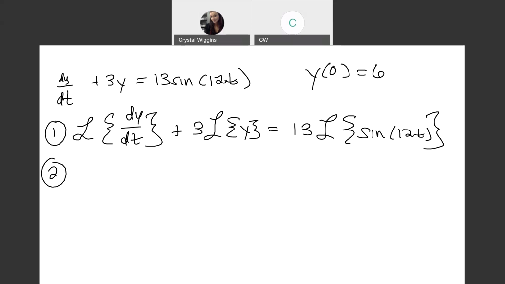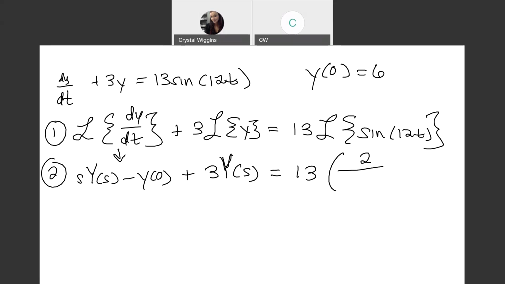Step 2, to apply these Laplace transforms, as we just saw on the last slide, the Laplace transform of the derivative boils down to something simple, which is sY of s minus the initial value. Okay, so that's that part, plus 3 times the Laplace transform of y, which is Y of s, is equal to 13 times 2 over s squared plus 2 squared.